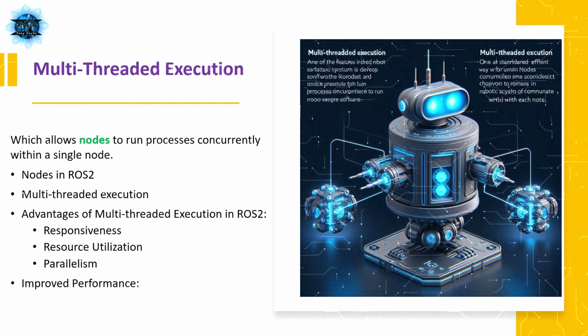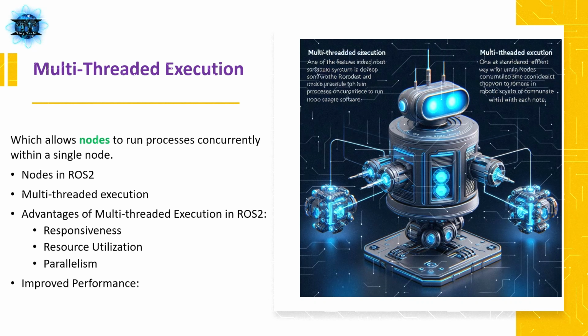Now, in the new version of the robot brain called ROS2, they added a feature called multi-threaded execution. This means that each worker, in our case a node, can do more than one thing at a time.